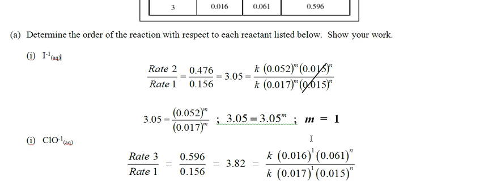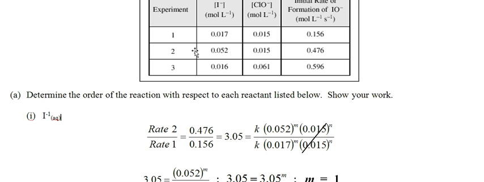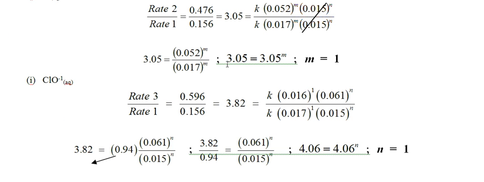All right, knowing that the iodine ions are the first order reactant, now we want to pick two different experiments. And since we don't have like concentrations for the iodine, pick either 3 and 1 or 3 and 2. It does not matter. You just can't do experiment 2 and 1 or 1 and 2. So it looked like I picked experiment 3 and 1, and again, doesn't matter.